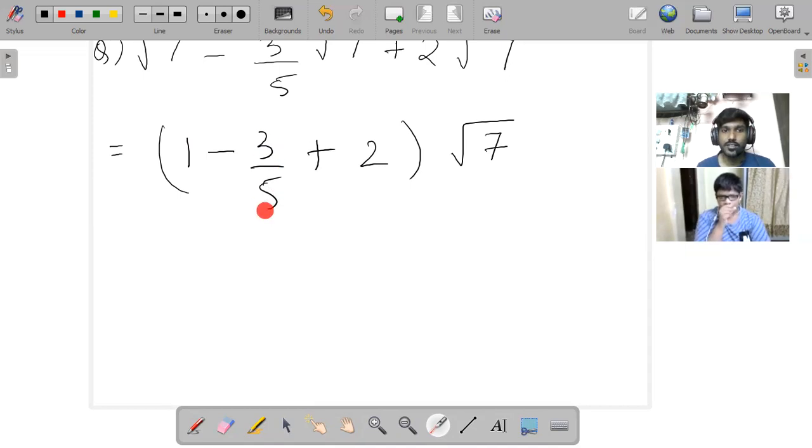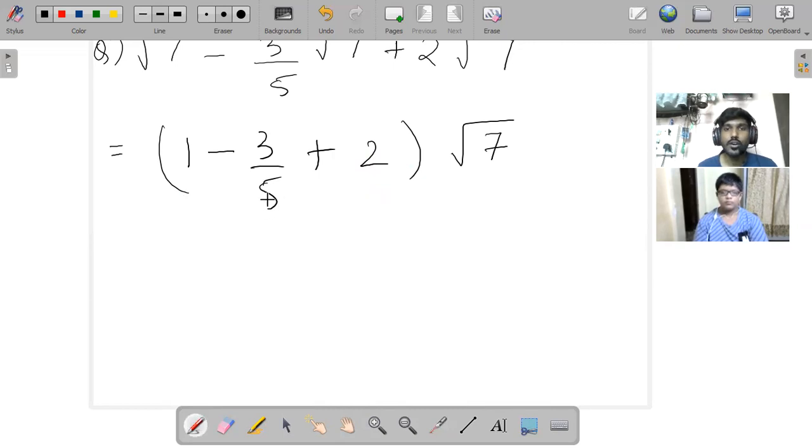So here in this middle term, what number is there in the denominator? 5. In the first term, what number is there in the denominator? 1. In the last term, what number is there in the denominator? 1.